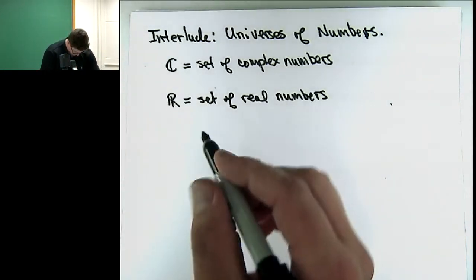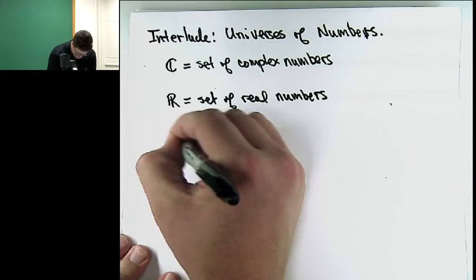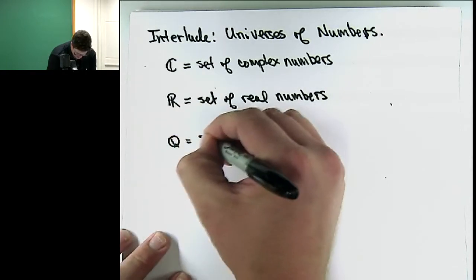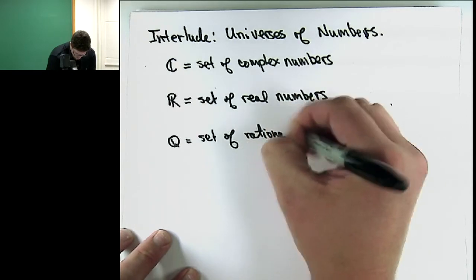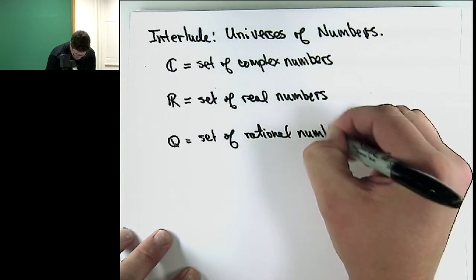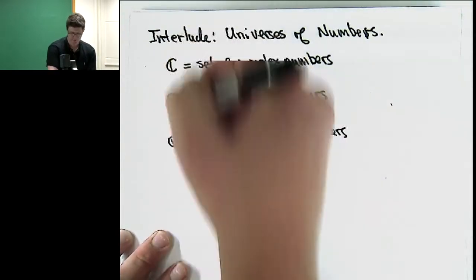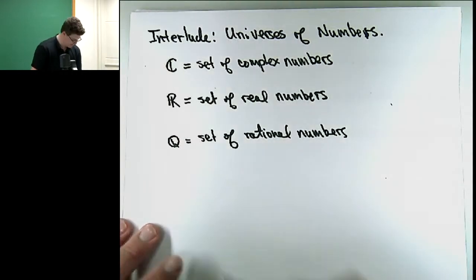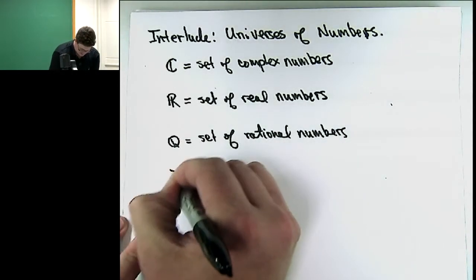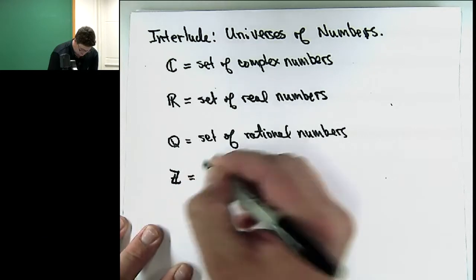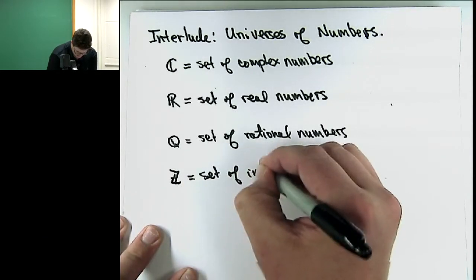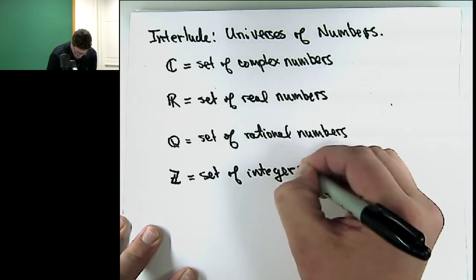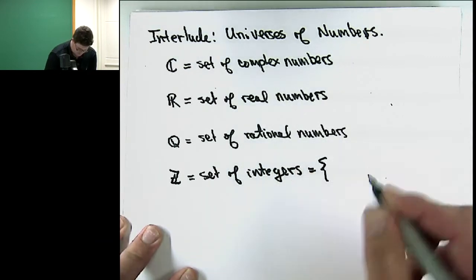So there's Q. This is the set of rational numbers. This is kind of a blackboard C, blackboard R, blackboard Q. Z, this is the set of integers. Let me show what these are.